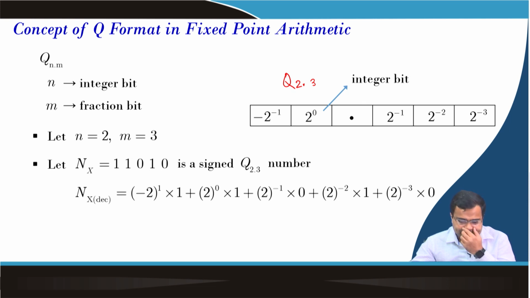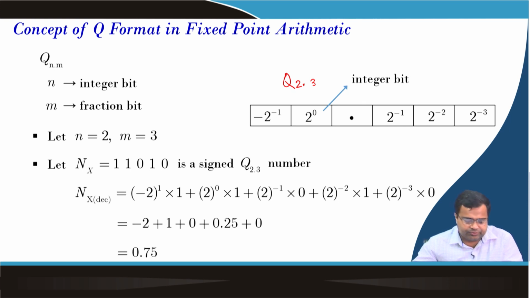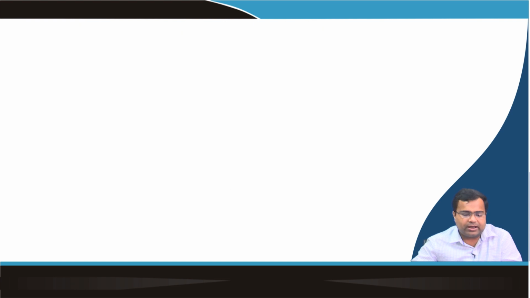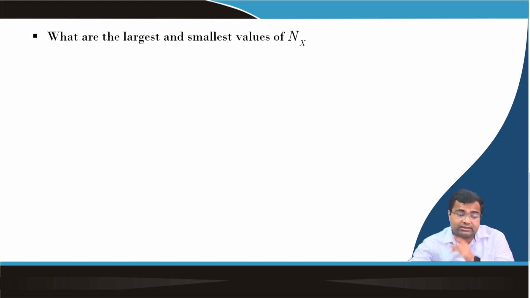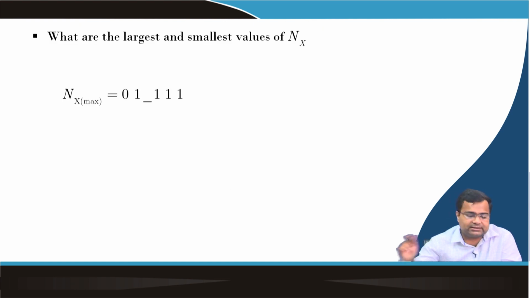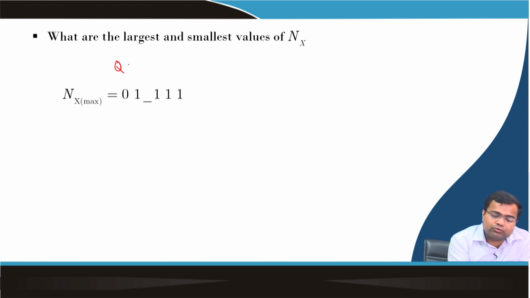Then, as we discussed, the first digit is the sign, so it must be negative, because the leading bit is 1. Then what is the largest value of nx in this case? What is the bit size? Again it is the Q2.3 format.